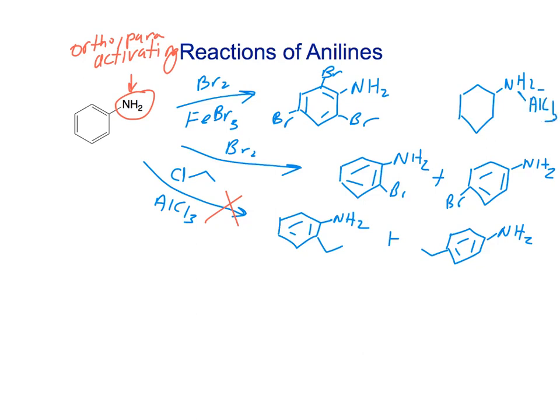That puts a minus on the aluminum and a plus on the nitrogen. And whenever we have a plus on the nitrogen right next to the ring, that makes it into a strong deactivating group. So it completely switches its effect on the benzene ring.